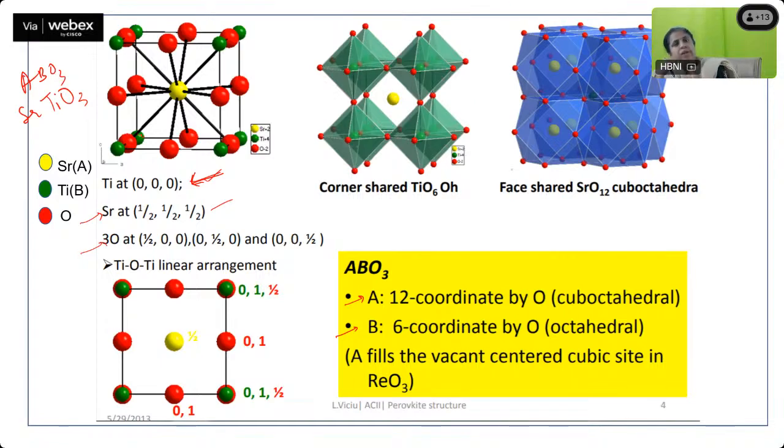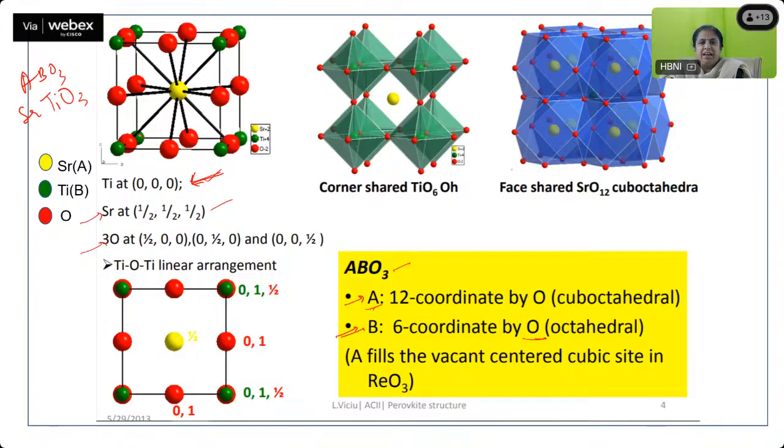So when we talk of coordination number, we should also say which center ion we are talking about and what it is coordinated with. So when I say the coordination number in ABO3, I am talking about coordination by oxygen. So the coordination number of B is 6, six coordinated by oxygen.